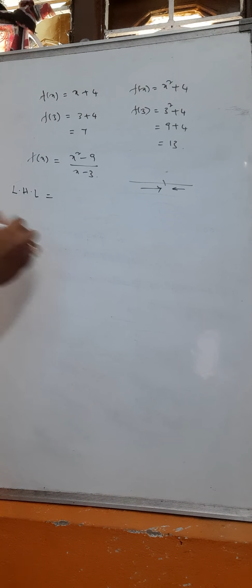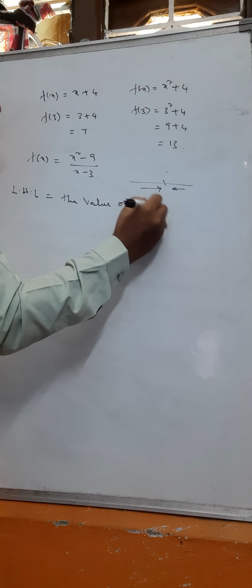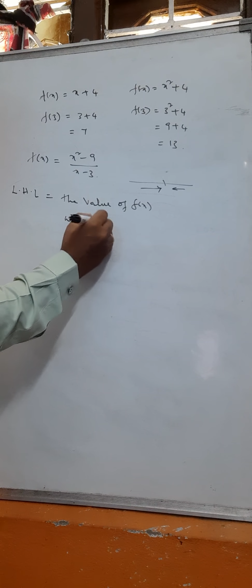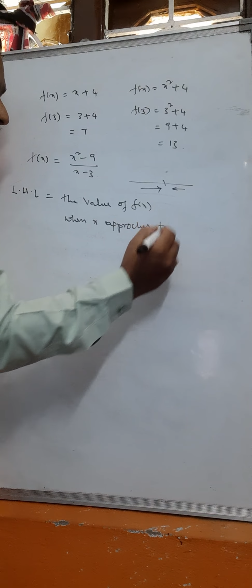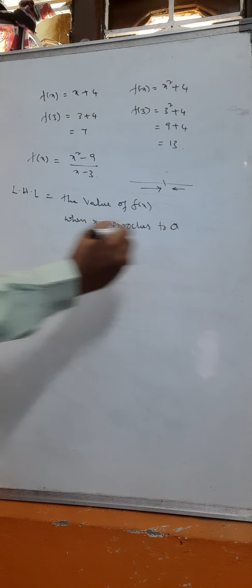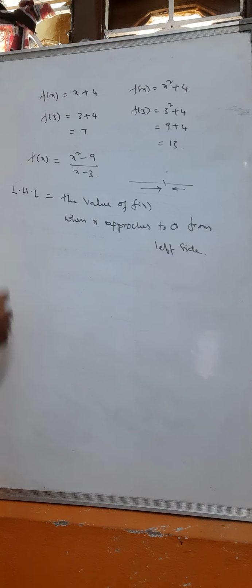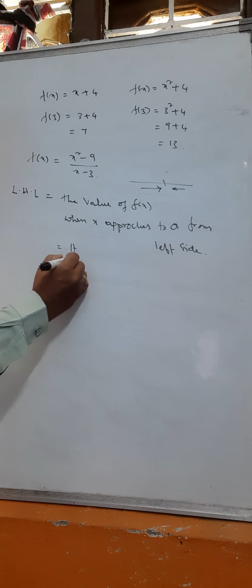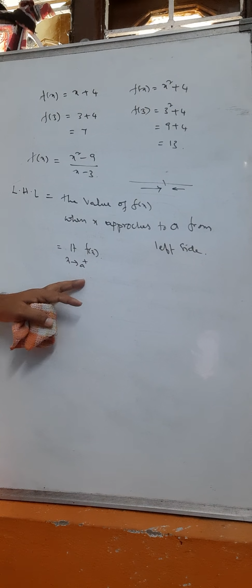Left hand limit means the value of f of x when x approaches a from left side. It is denoted by limit as x tends to a minus of f of x.